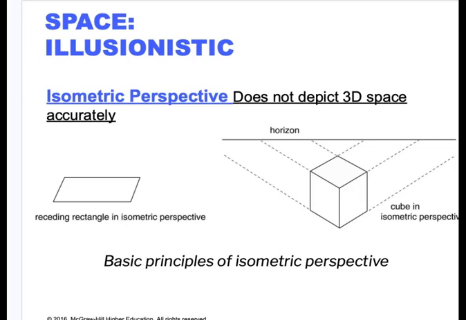So this is kind of what perspective looked like before the discovery of 1-point perspective or 2-point perspective, linear perspective, I should say. Isometric perspective does not depict 3D space accurately.